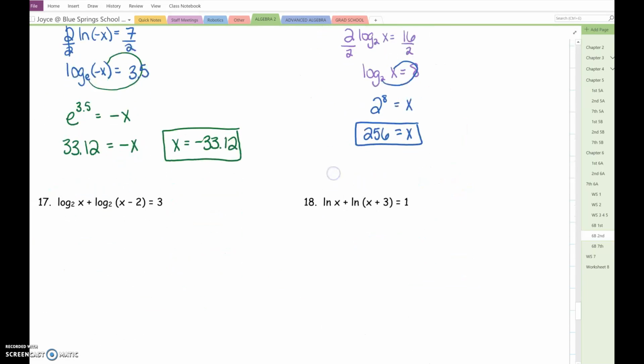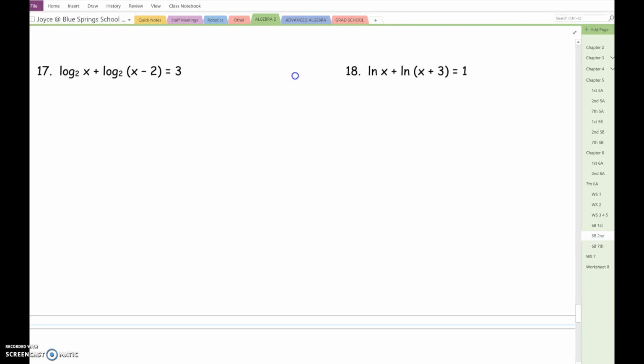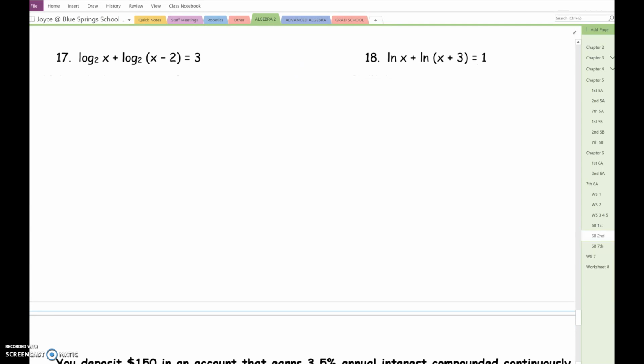Okay, what looks different about number 17? There's 2 logs on the left. This is very similar to the last example we did yesterday and the last 2 problems on your assignment yesterday. If you have 2 logs on the same side, you need to condense them, and then we can change forms. So addition between the logs is the same as multiplication inside the log.